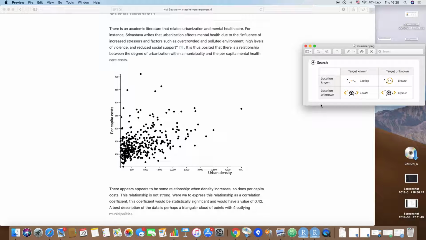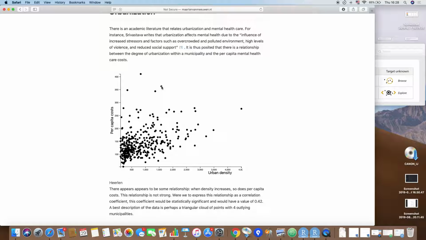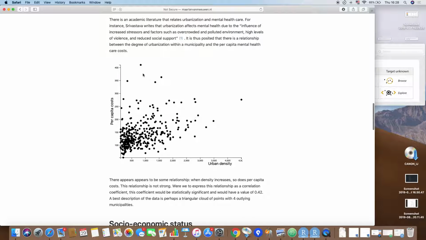So here location is unknown, and the target is sort of known. I'm assuming people will be interested in these outliers. That's what I nudged them to care about. So you see Heerlen, Zutphen, Boekel, and Assen. That's what this plot does.